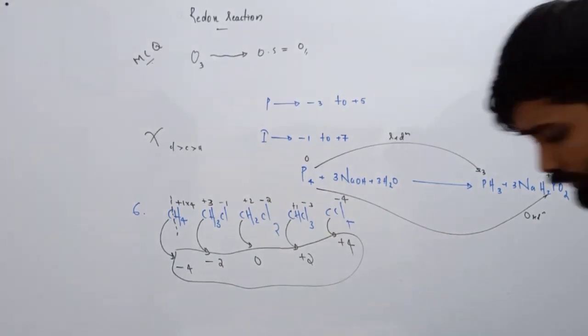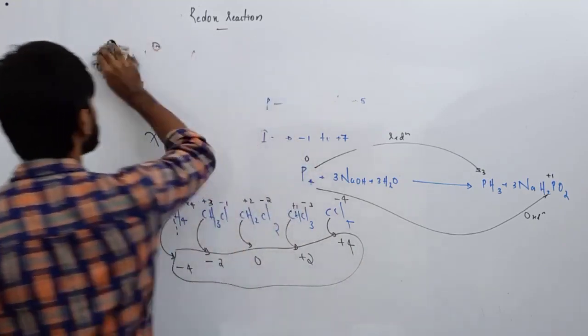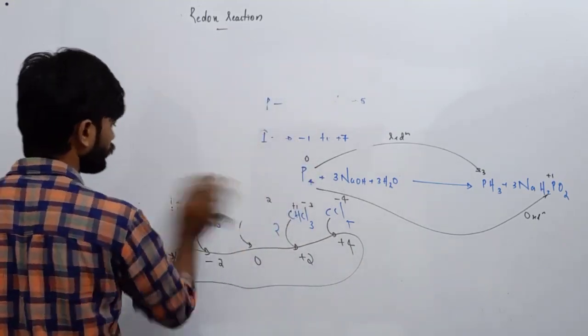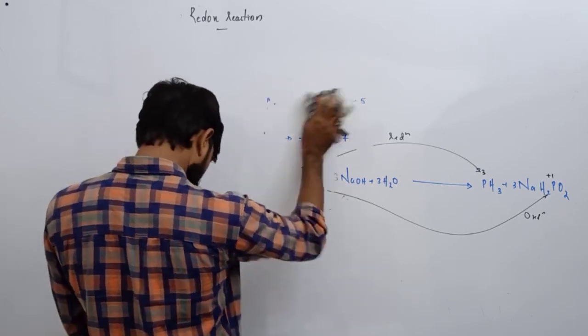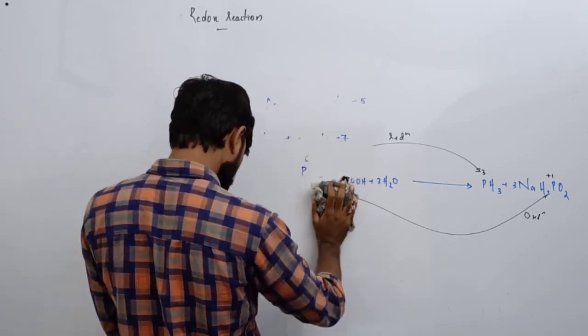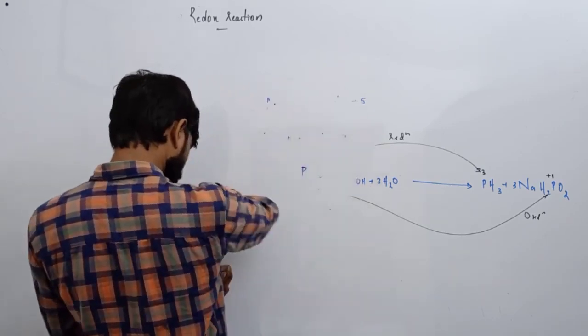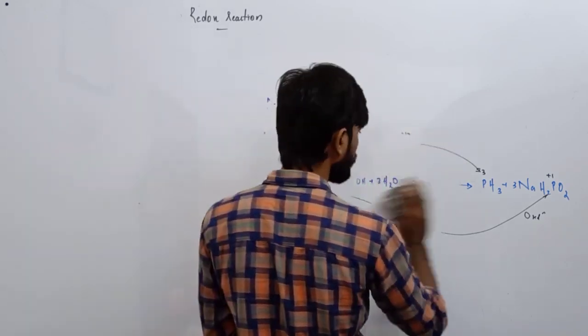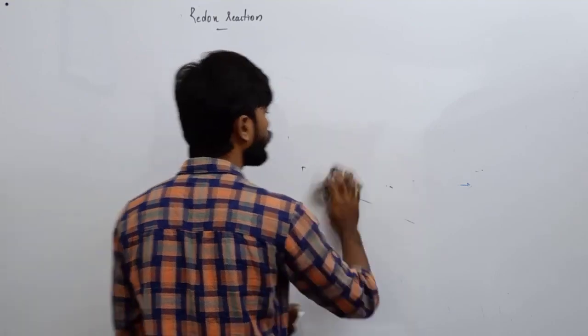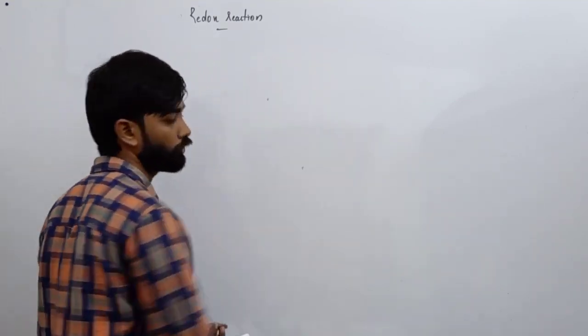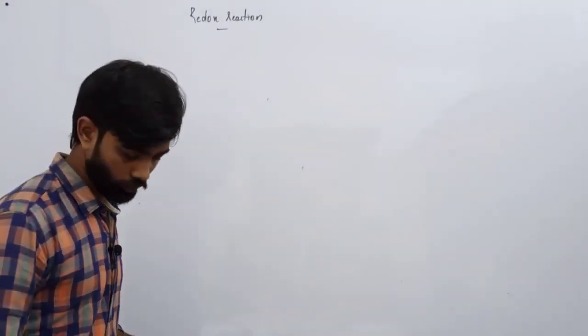The next question: the chlorine in plus 3 oxidation number in. There are 4 different compounds of chlorine given, and you are asked to find in which compound the chlorine exists in plus 3 oxidation state.